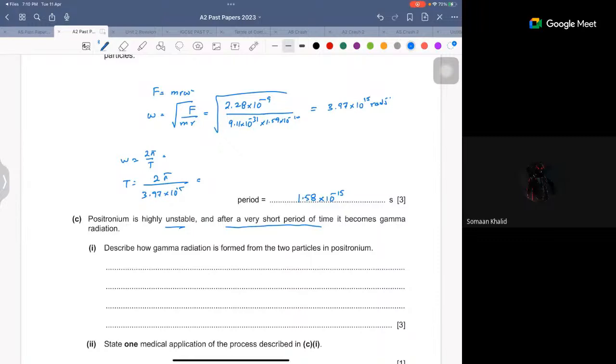Okay, so basically what happens is whenever an antiparticle interacts, there is annihilation.